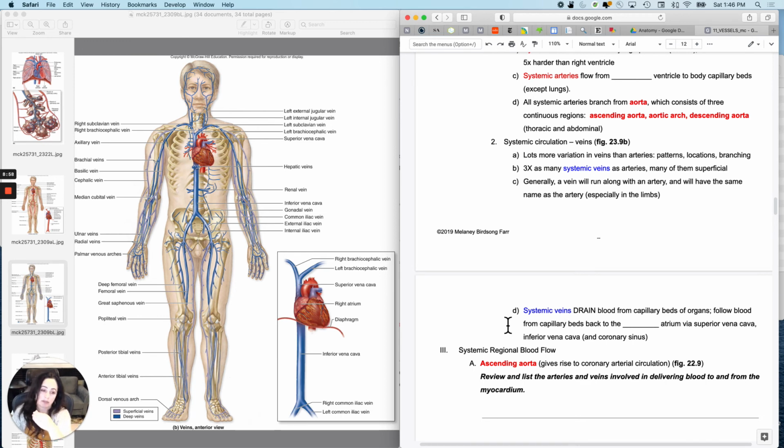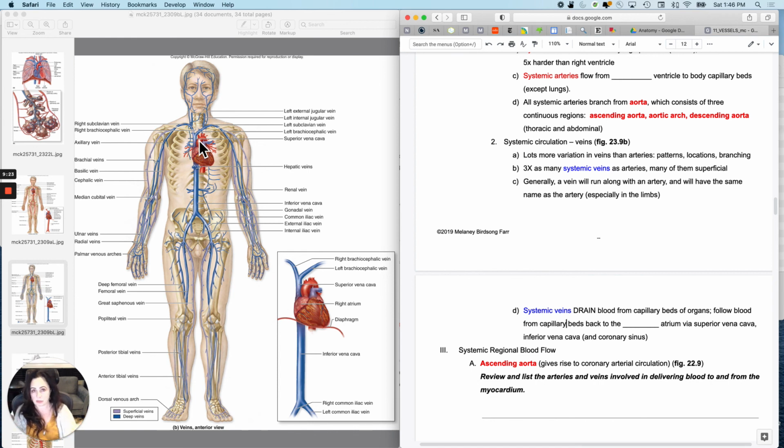All of these systemic veins are going to dump back into the right atrium via either the superior vena cava, which is kind of, to oversimplify, draining arms and head, the inferior vena cava, which is, to oversimplify, draining everything below the heart, and then the coronary sinus, which was draining blood from the capillaries of the heart itself.